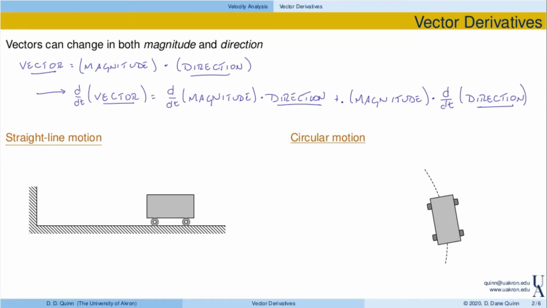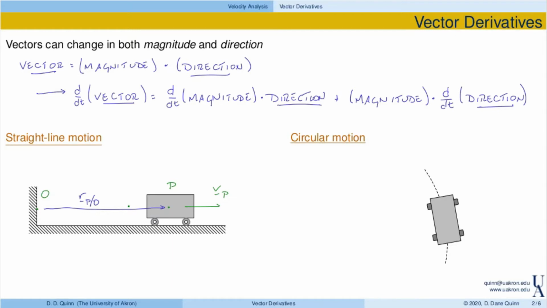Again, this is just the product rule that we learned in calculus for perhaps scalar quantities, but it works equally as well for vector quantities. Now, I can kind of isolate these two things. If I looked at straight line motion, right? So imagine that we have, say, a point here and a point there, and this is O, and say this is P, then if this is the vector from O to P, then the velocity of P is only in the line of the vector itself, right?